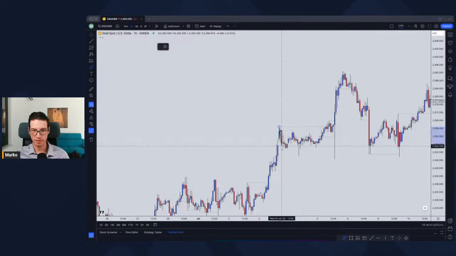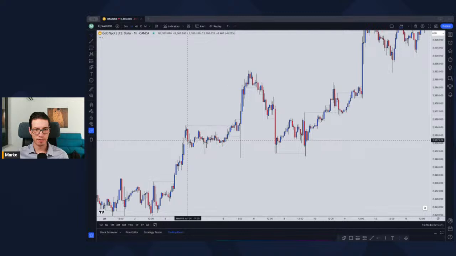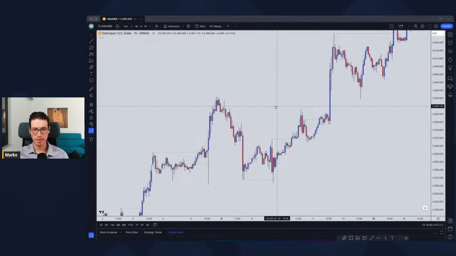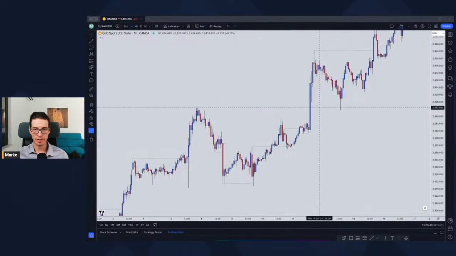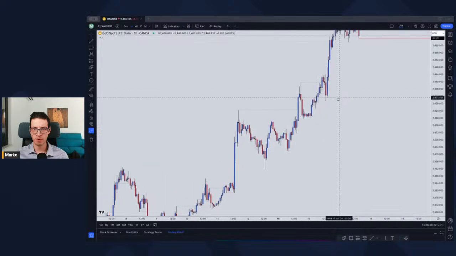First high, first low, second high, second low. Is this the second low though? 770. Yeah, it's a bit lower. So this was a flag, would have been a nice winner possibly. Then we pushed up, but no real high probability flags.